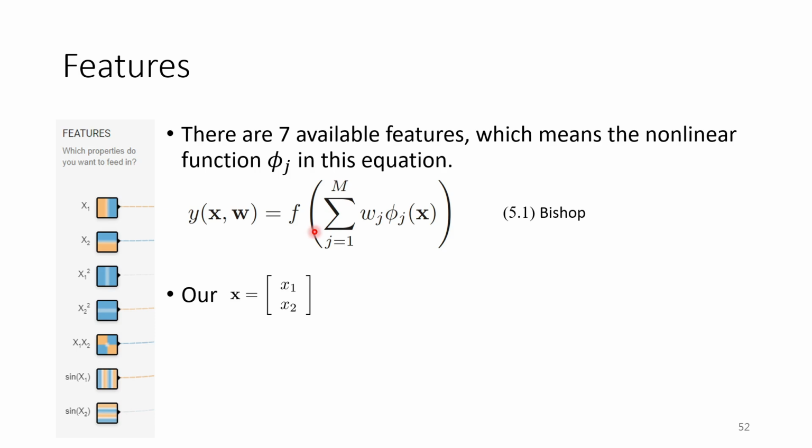Here you can see the different nonlinear feature functions. It can be identity, x1 and x2, or x1 squared, x2 squared, x1 times x2, or sin x1 and sin x2.